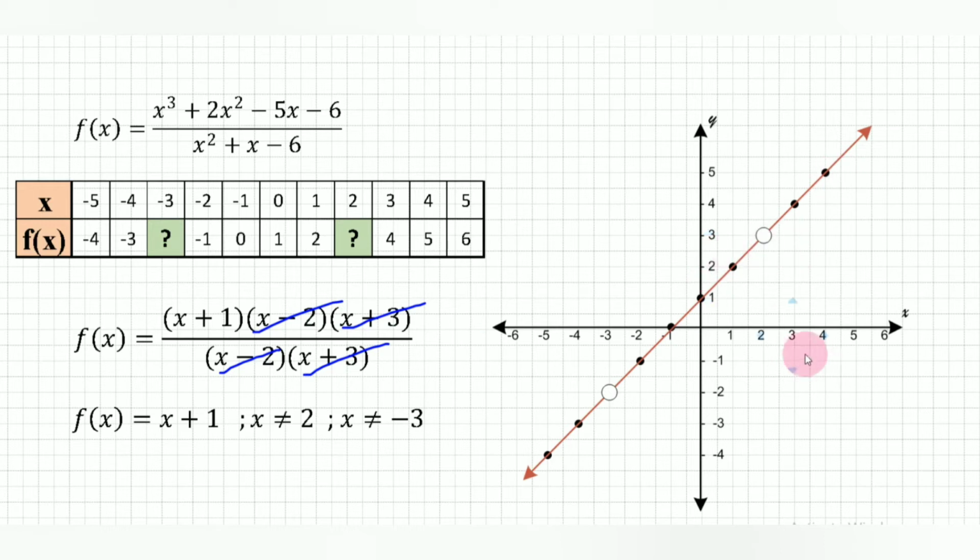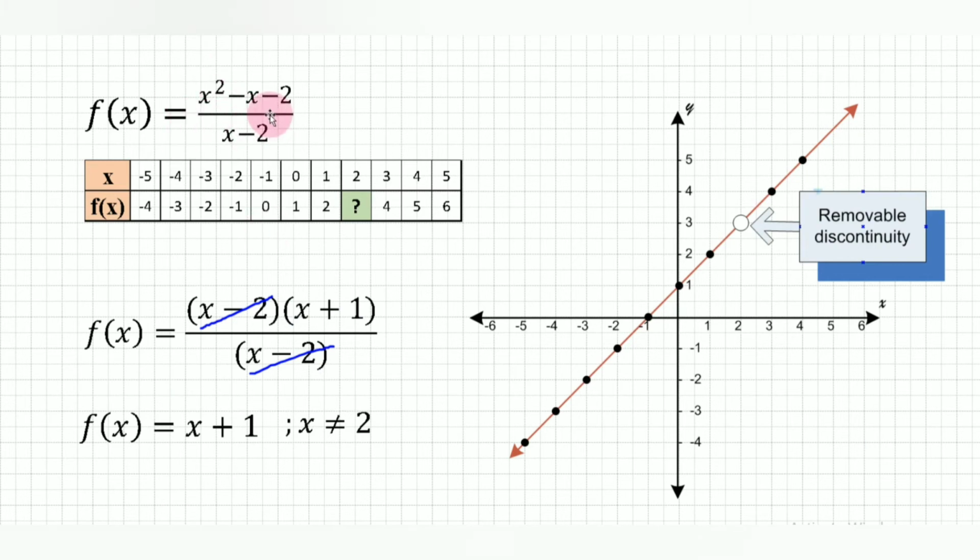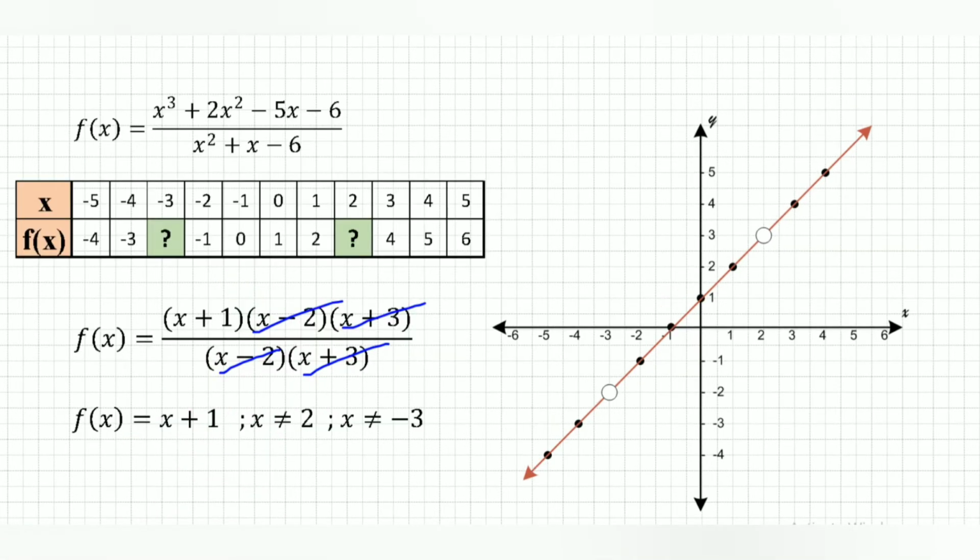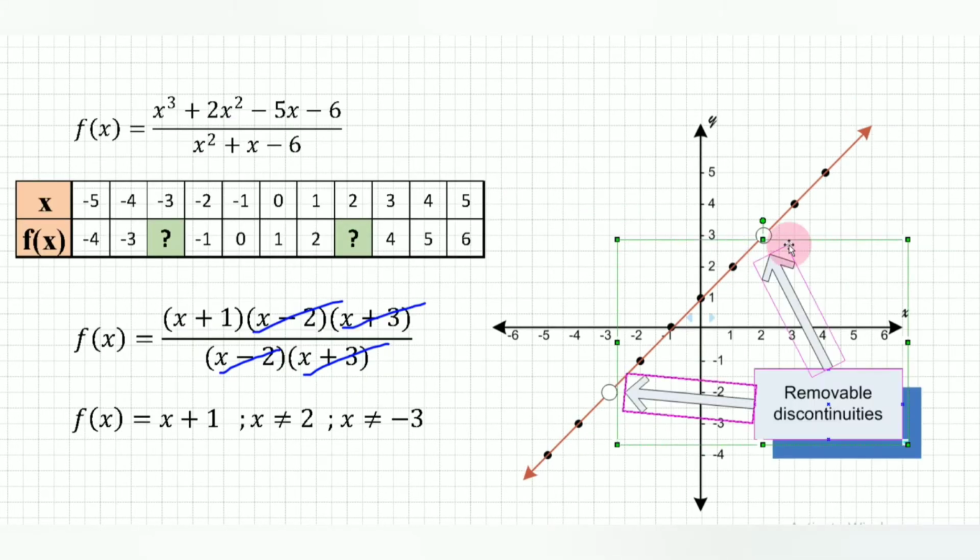Okay, so that is the difference between this equation and the previous one, because this one has one removable discontinuity, and x plus 1 has no discontinuity, but this one has two discontinuities. So yeah, they are removable discontinuities.